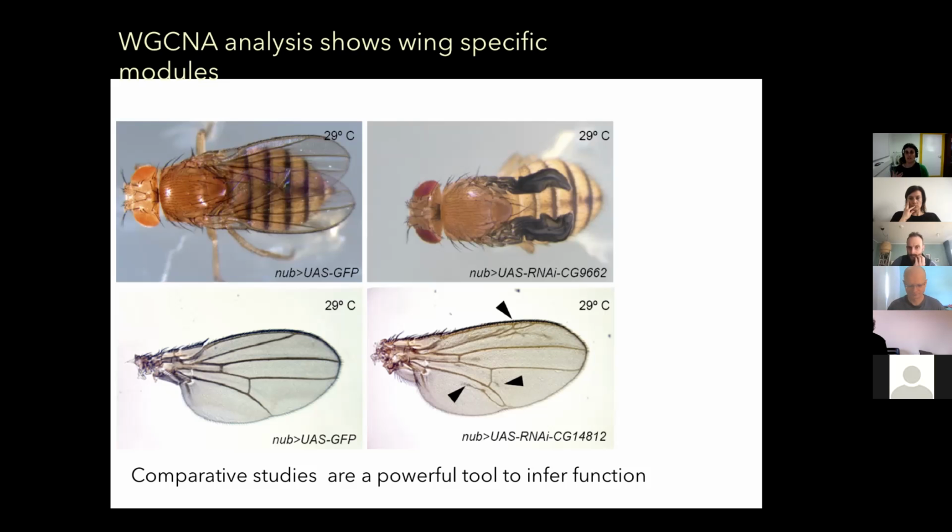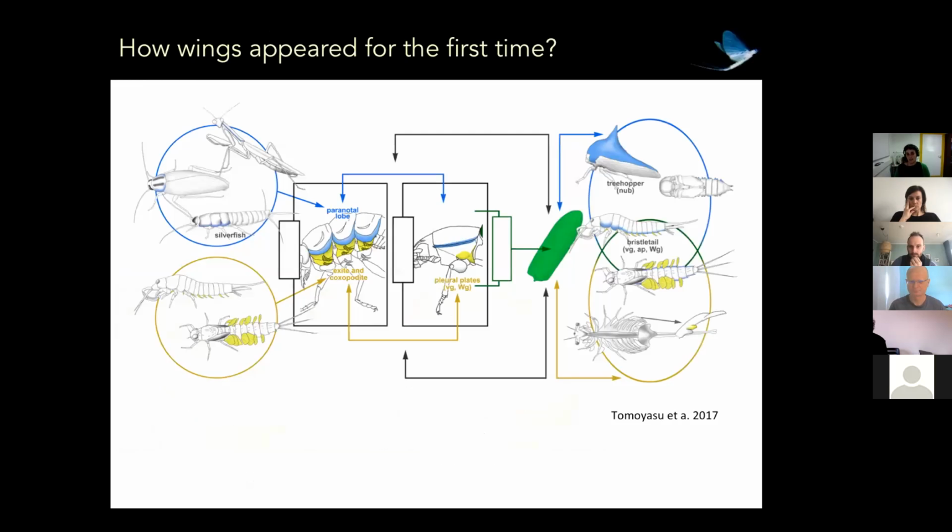But what is the first origin? I'm not going to go much into the details, but there are several hypotheses suggesting which structure gave rise to wings.